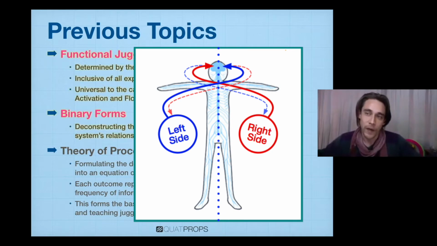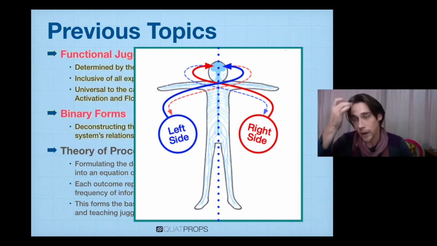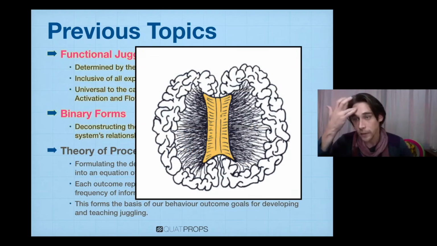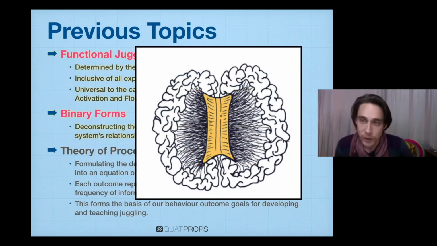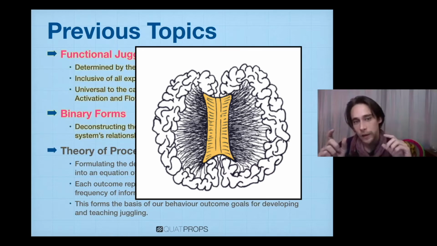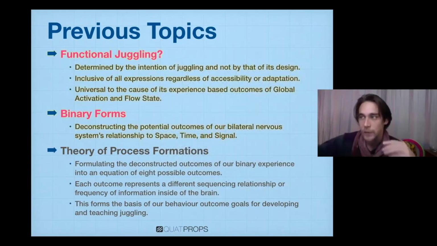And if either side wants to share information with the other, it has to communicate across the midline bilaterally through the corpus callosum as well. So understanding this pathway of information and then reflecting on the relationships that juggling allows us to form, we start to analyze the amount of traffic that goes across. And that's how we create our new understanding of what the challenge of juggling is. Because previously we were using our external observation of it.